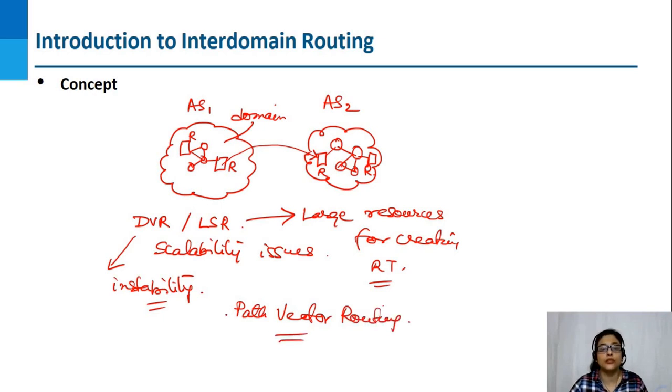This path vector routing is similar to distance vector routing in the sense that the entire path is defined by the speaker node. We will shortly see what a speaker node is for an autonomous system, with the only exception that the metric is not defined.